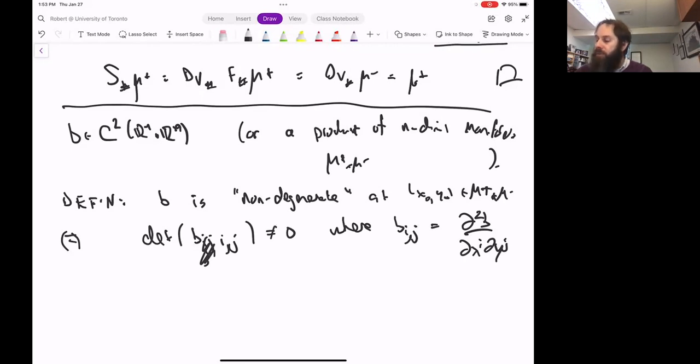And there's a more geometrical, or maybe more topological, way of formulating this, but I'll just leave it at this for right now. This way it works perfectly well in Rn. And of course, I mean evaluating this matrix of partial derivatives at X naught, Y naught.